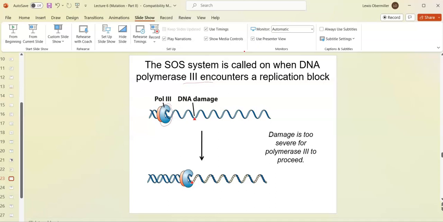There's a clamp that holds this polymerase in place, and that clamp allows progression of the polymerase 3, right? Let's say that we have DNA damage here. Well, the polymerase can't proceed through there. It's too messed up and so it causes it to stop.